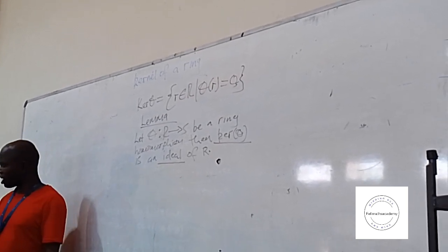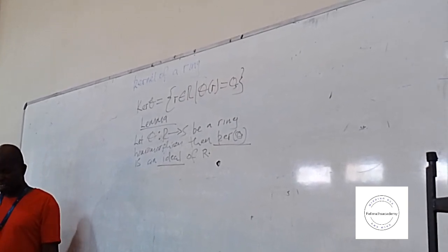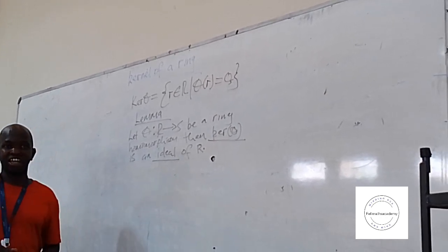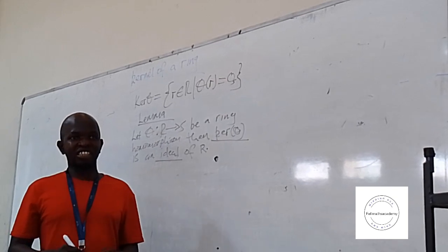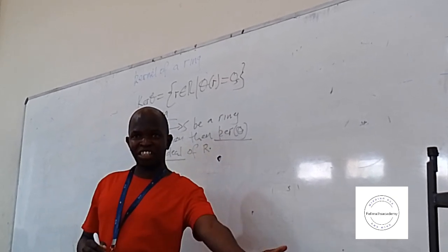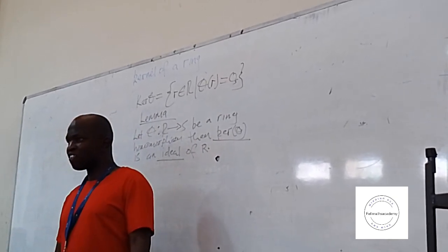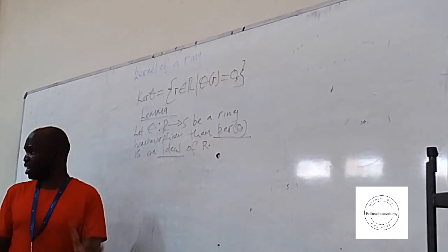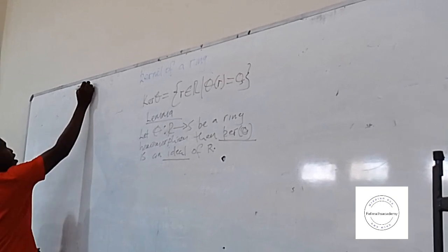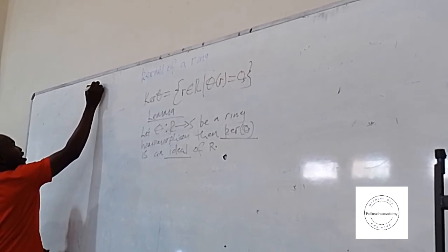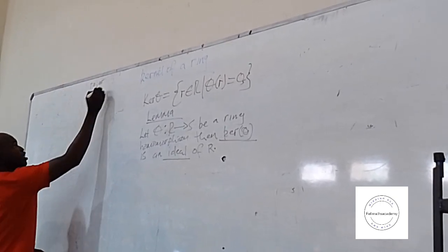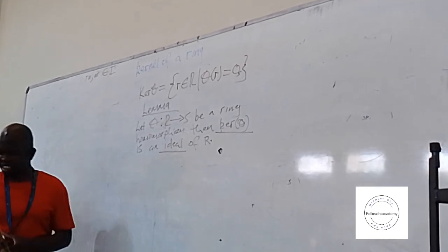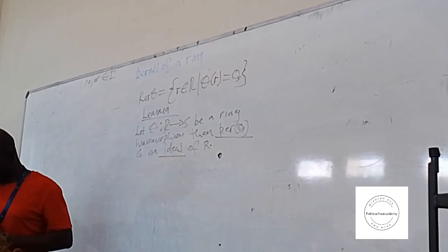How do we prove whether a certain element is an ideal? It should be both a left ideal and a right ideal, satisfy the conditions, and hence it is an ideal.